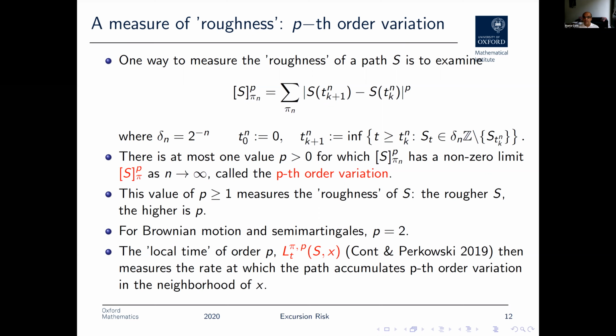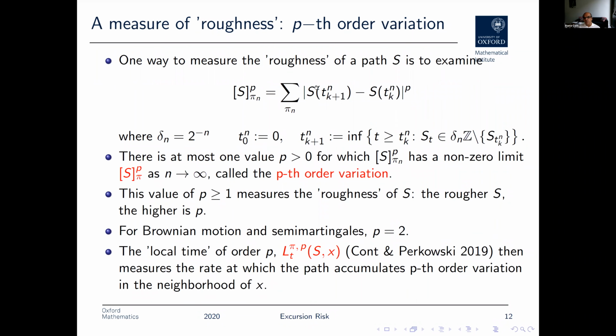So this value p, if it exists, it may not exist, but if it does exist, we will call this the roughness index of S. Very roughly, you can think of p as 1 over the Hölder exponent of S, but that's not exactly true. But let's say it's the upper Hölder exponent of S. But this is the precise definition.